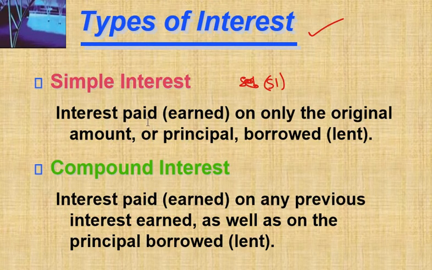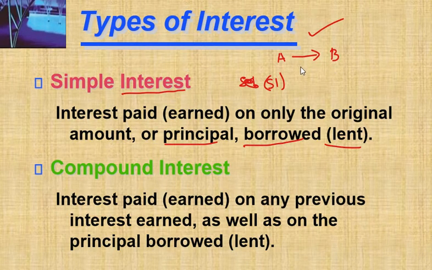So in this method, interest is calculated on the original amount, or principal amount, or borrowed amount, or lent amount. Very simple. So in the previous example, Mr. A gave $100 to B, loan provider and loan taker.